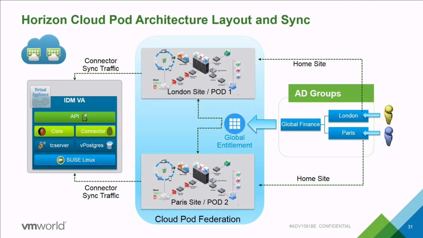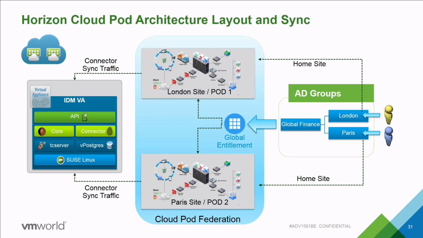And also there's a component in Horizon called the Java messaging bus, which communicates between the connection servers and the broker that brokers the desktops. That part has a latency constraint, so it's latency intolerant.